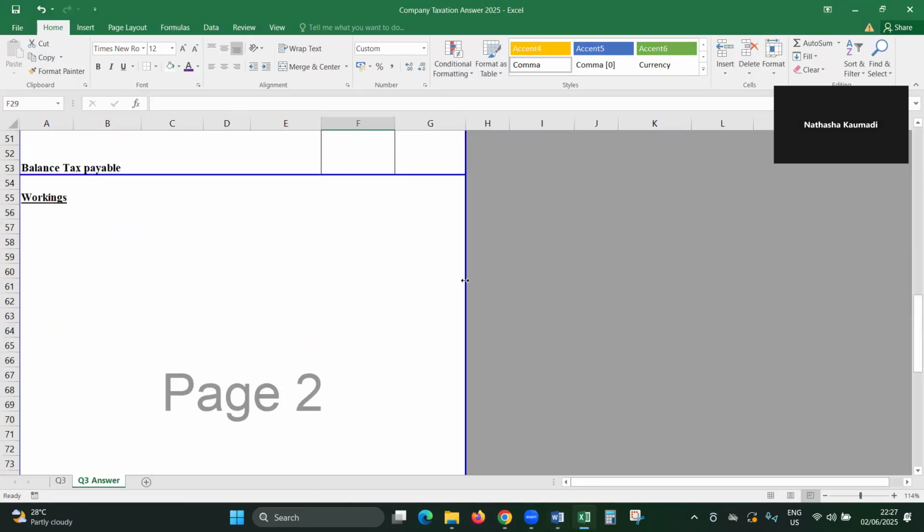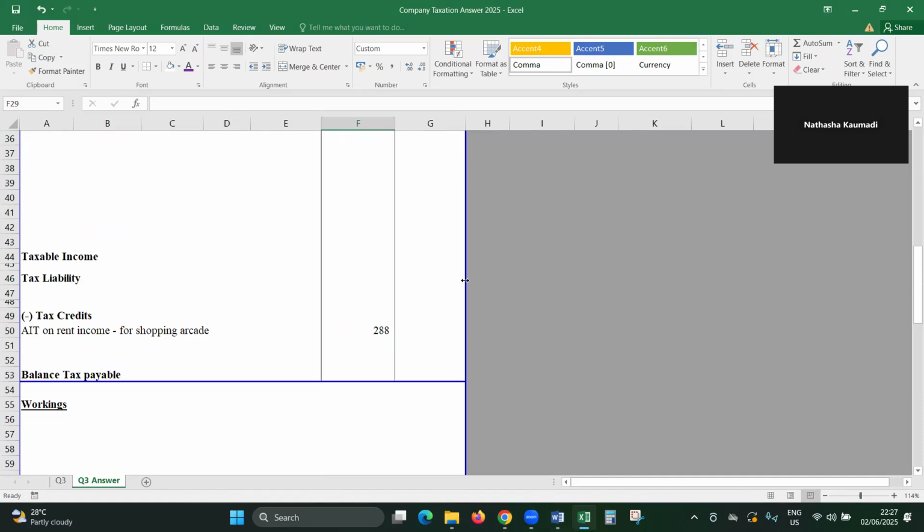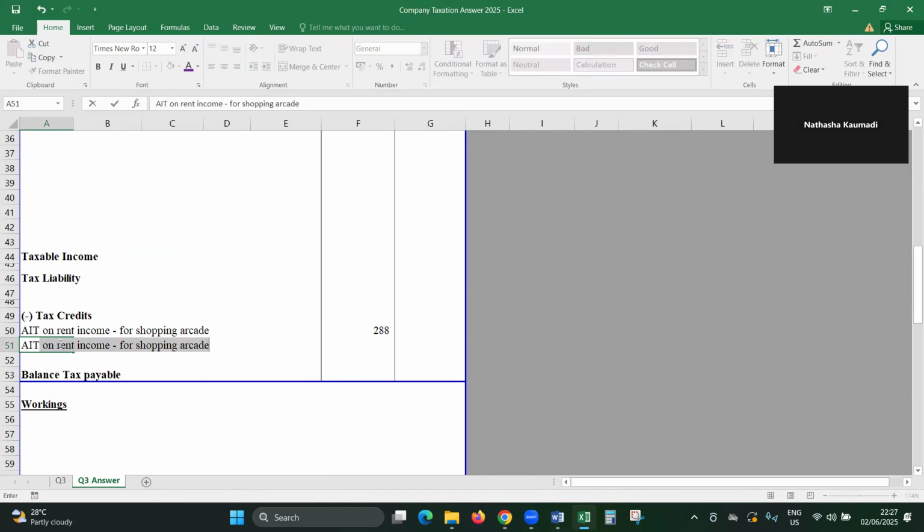How much? So I'll go to the tax credit area. In the tax credit area I write here AIT on rent income. AIT on rent income for what? Hikkaduva, for the educational institute.